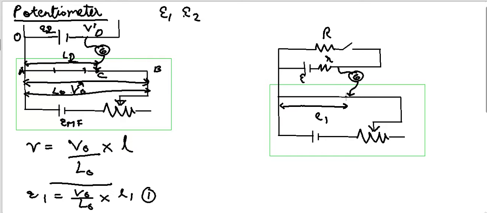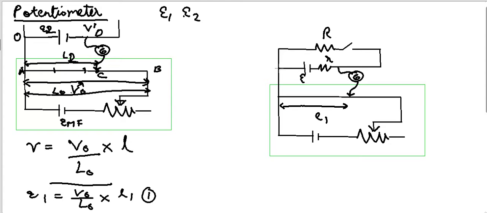Now, from the EMF formula we know that when this switch is open, there is no current flowing through this, so the current flowing through the internal resistance is 0. Because the current through the internal resistance is 0, the potential drop across this small internal resistance is 0.